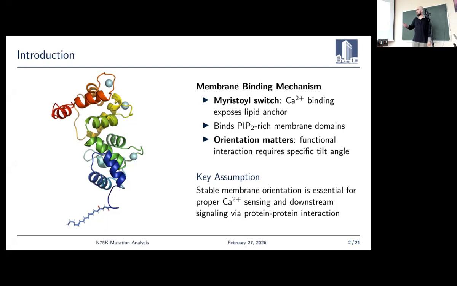The N terminal of this protein is modified by myristoyl in such a way that it can bind to the membrane. So it's a peripheral protein which is not submerged in the membrane, but has only one contact point, the N terminal.